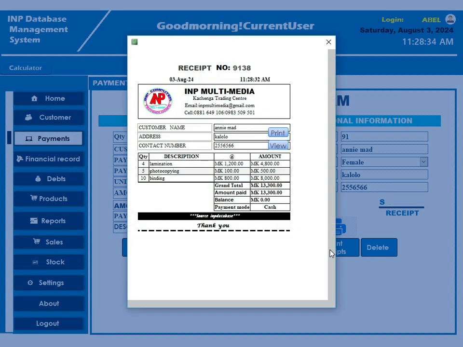You can see that the balance here is 0, while we have equal amounts under the grand total and paid. So that's why it's 0. You can print this receipt for your customer.